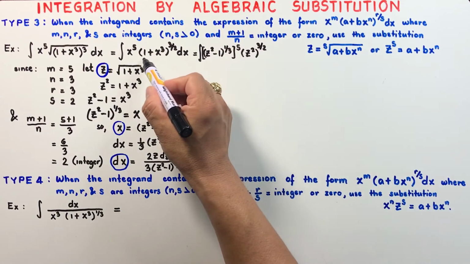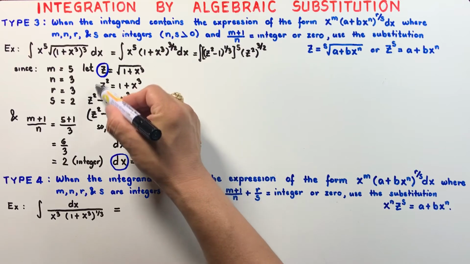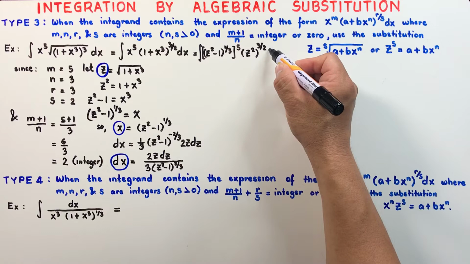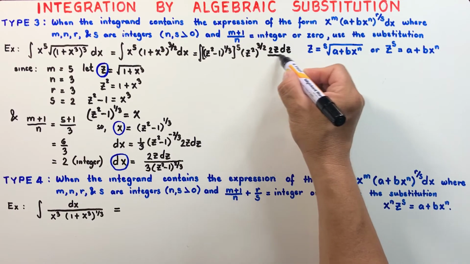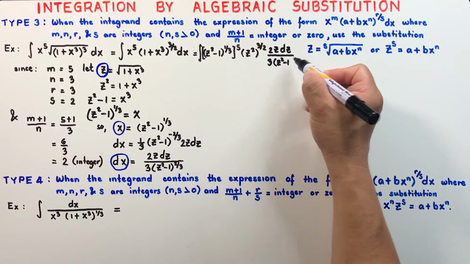So instead of writing 1 plus x cubed, we write its representation, z squared, and our dx is the fraction of 2z dz divided by 3 times z squared minus 1 to the power 2/3.